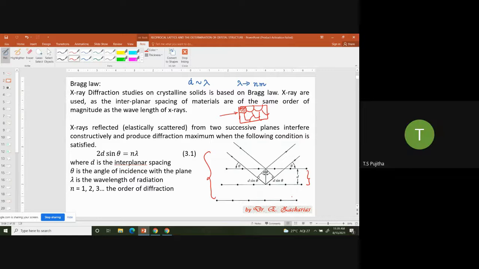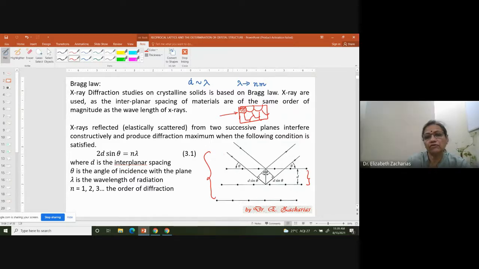Yes. Right. So now let us think of X-rays coming and falling on these planes, and they get diffracted by these atoms. And the angle of incidence will be equal to the angle of reflection, so the law of reflection also will hold good.